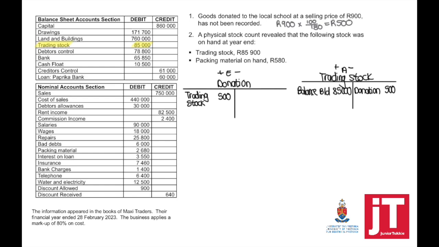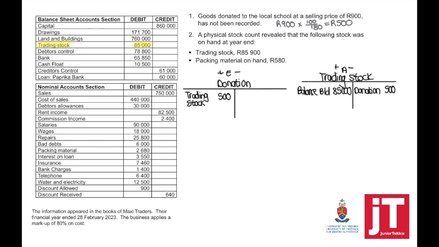That would be completely wrong. You need to first do the adjustment with regards to trading stock, which we've done with donations, and then we need to find the new balance. That should be compared with the trading stock, what we physically counted.